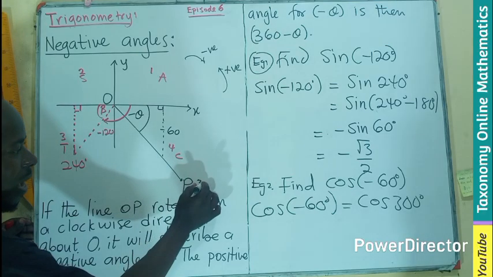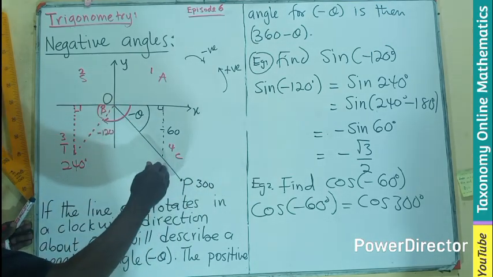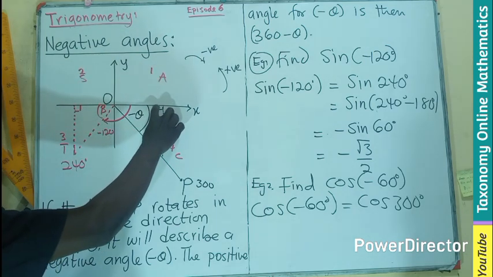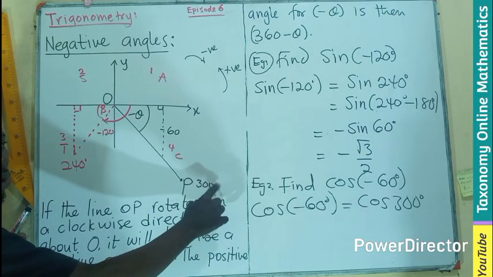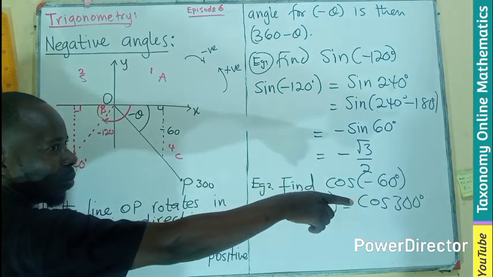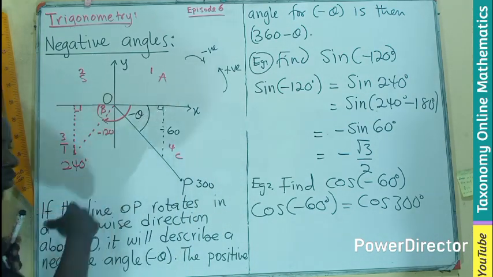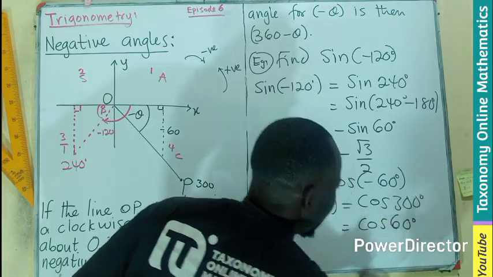Meaning, at this point, I am having 300, as in, from this direction all the way to this place is 300. So what will be added so that I can get my 360? So you are seeing negative in here, but there it will be positive because this is the reference angle with the x-axis. So this will give me cos 60 degrees.